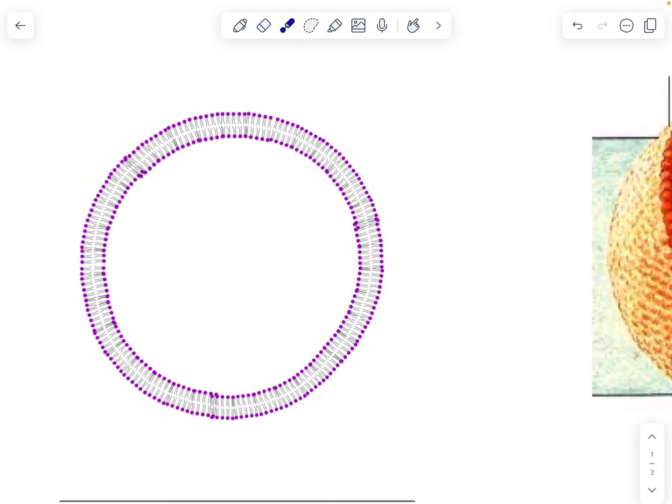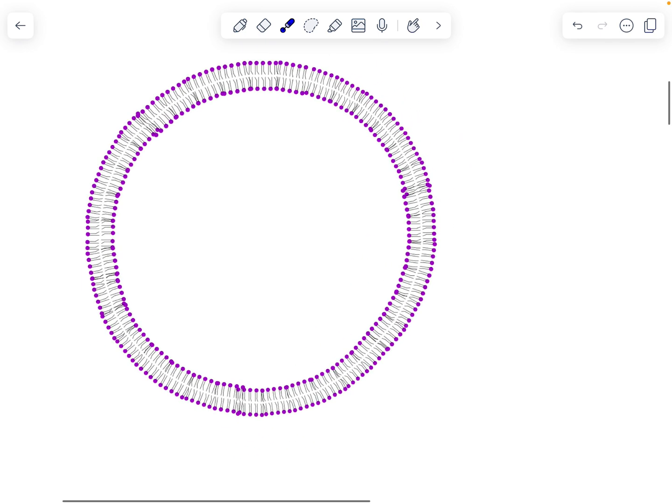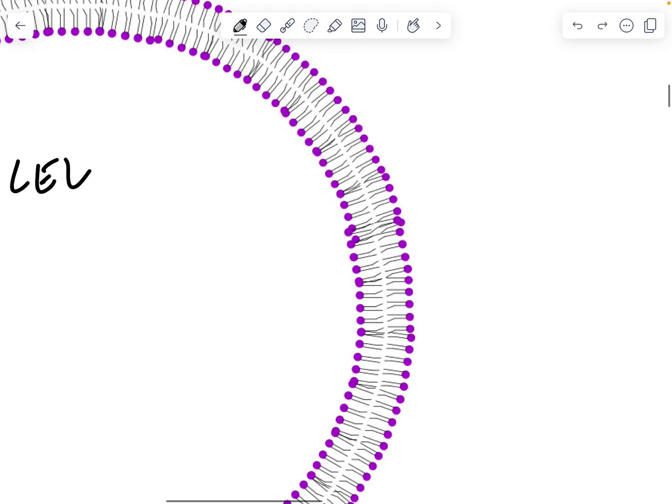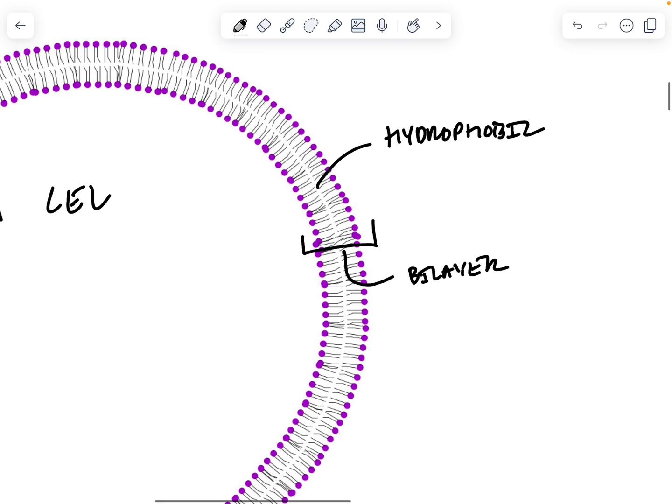They actually form a bilayer that's an entire three-dimensional ring, where this is a cell. It's composed of millions of phospholipids that form a ring. The ring is itself a bilayer. It has a hydrophobic interior and a hydrophilic exterior.